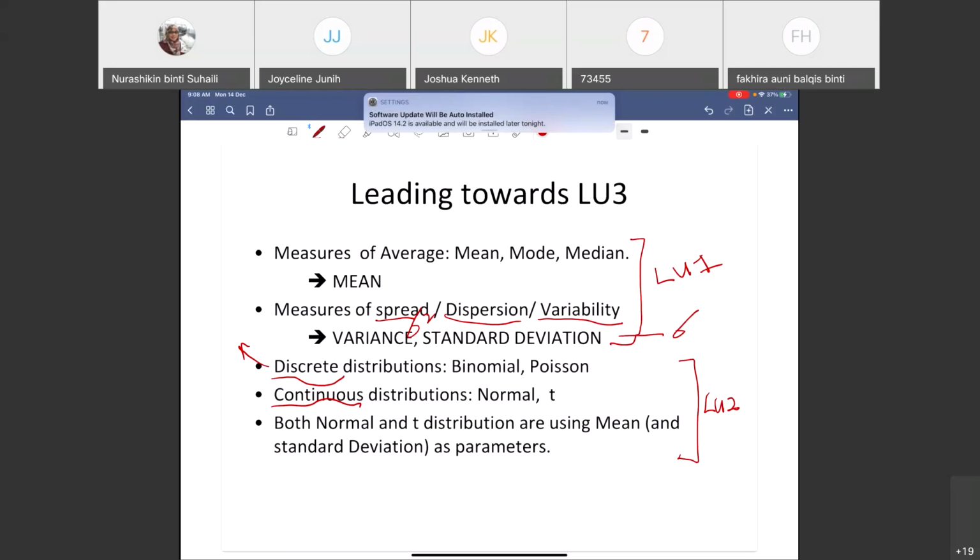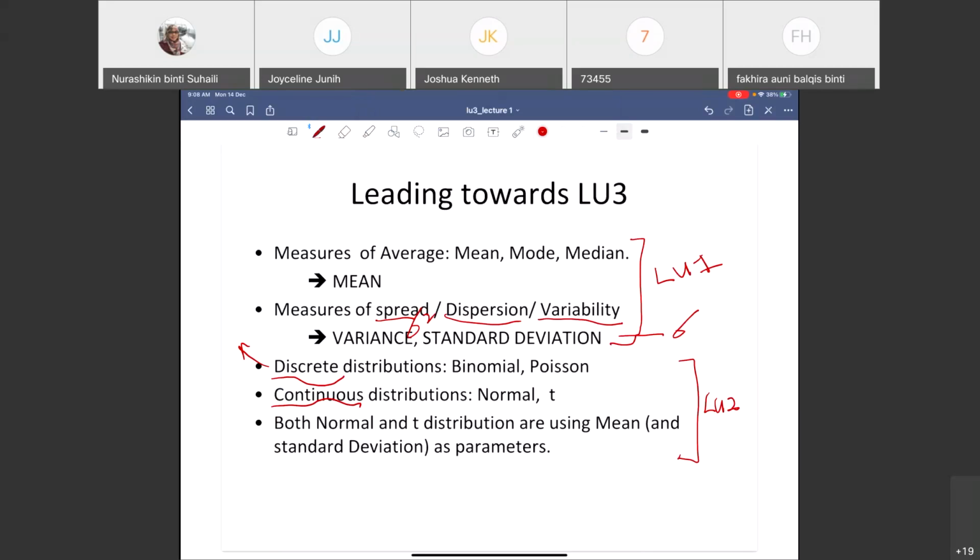Okay, binomial, the difference is in terms of the n. For n more than 20, we use Poisson, but if you have less than that, you use binomial. Binomial means there are two options, yes or no, male, female, true, false, something that has two outcomes. So that's why it is named bi, two.